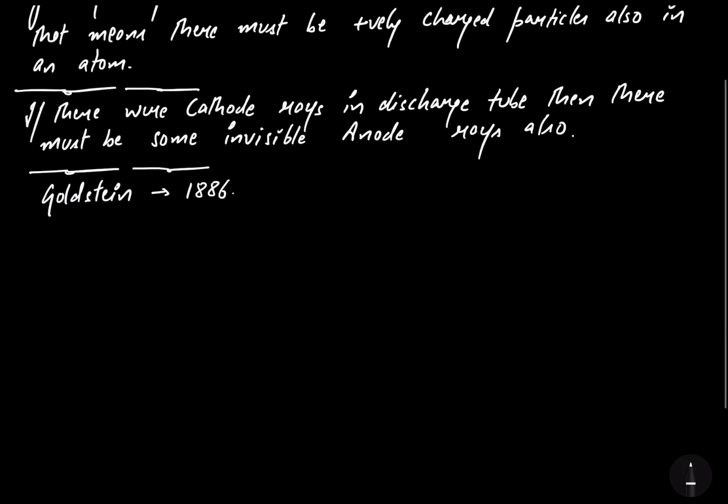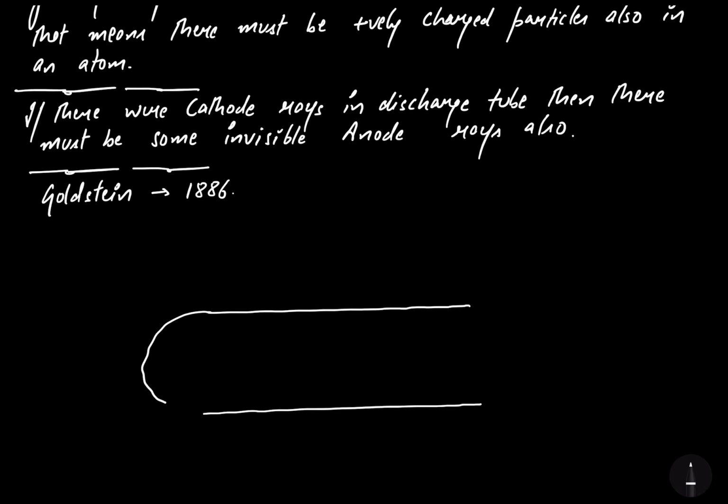So let me first of all make a diagram for you to make a better understanding. I am making my discharge tube first. Here I am taking a cathode having a perforation in it, a hole in it. Now I have connected my cathode with an external circuit. I know that my cathode is negatively charged and my anode is positively charged.